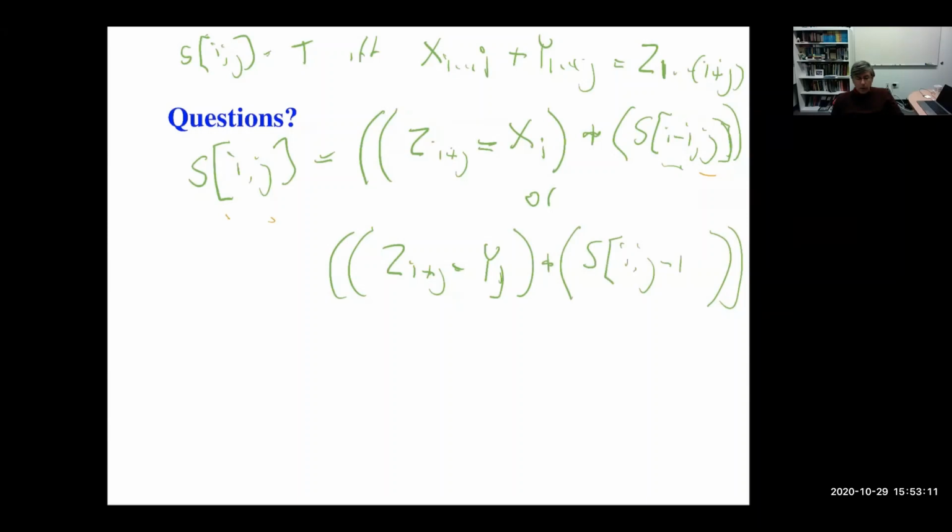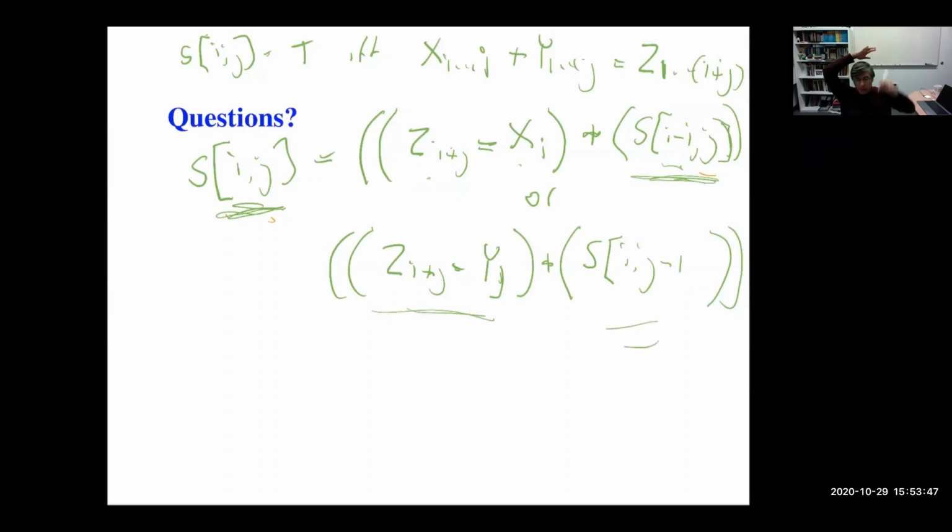I can do the shuffle of the entire strings up to I and j if and only if I can match the last character of the string to x, and I can realize all the prefixes of those strings without that, or I can match it to the last character of y, and realize the prefixes of the remaining strings.